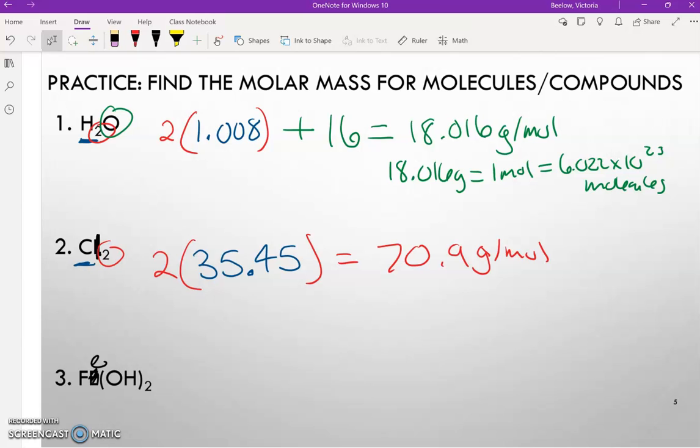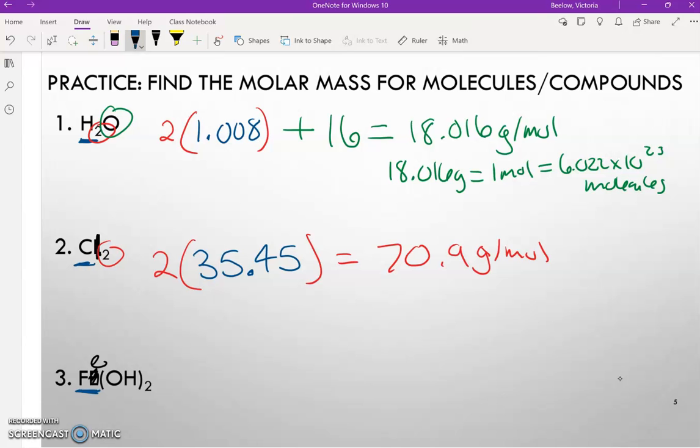All right, let's do another one that's a little bit more challenging. So we have Fe(OH)2. This would be iron(II) hydroxide for its name. So again, we're going to do each element individually, and then we're going to have to do some multiplication with some of those. I'm going to start with iron, which is Fe. There's only one iron.